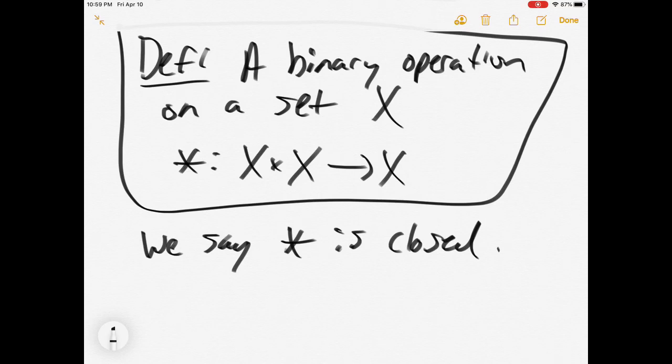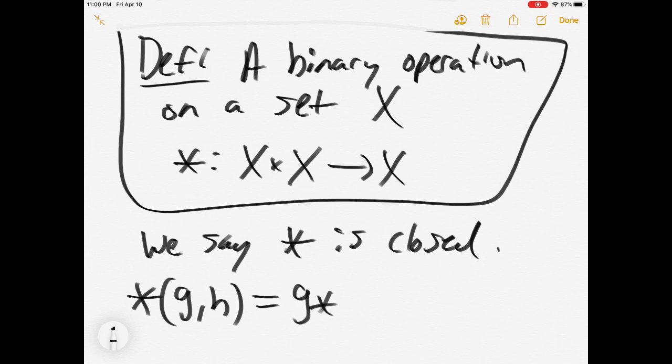And we say this because we think of star as taking two elements of X, g and h, and combining them together to get a new element, which we usually call g star h.